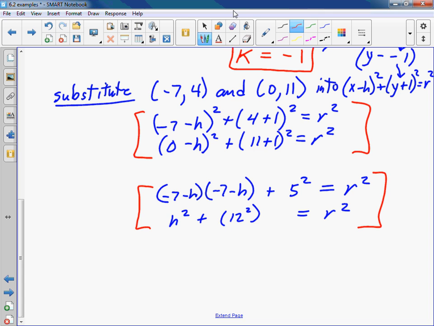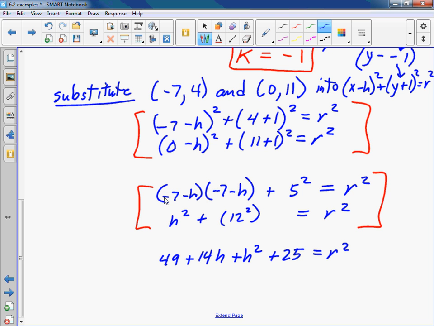Now, let's multiply this out. Let's FOIL this. What do we get? We get 49 plus 14h plus h squared plus 25 equals r squared. Check me on that because I will make mistakes.